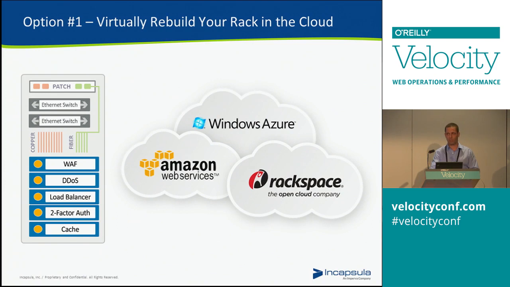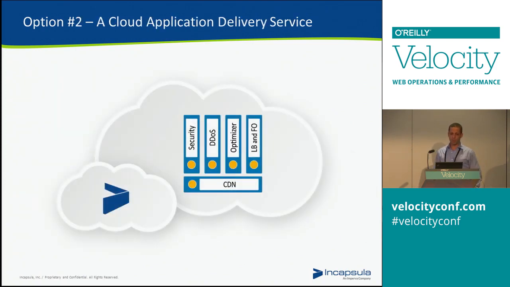What's the other option? Moving everything to the cloud in a smarter way that leverages the cloud better and the values that the cloud brings with it. So I'm going to use the Capsular service as an example of how this can be done.